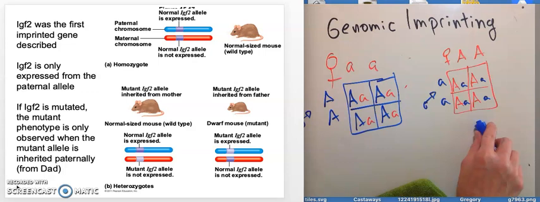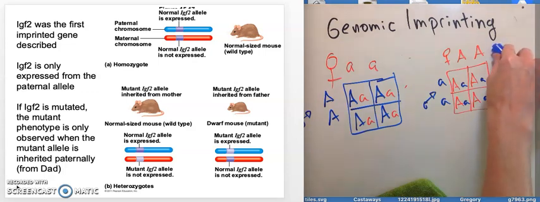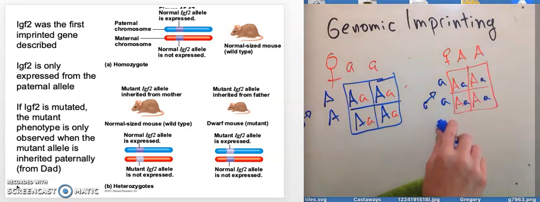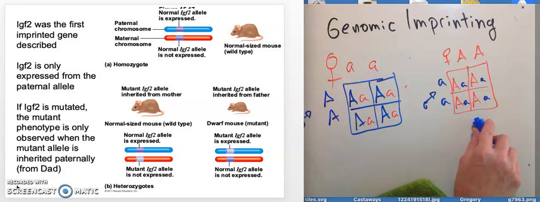But what they noticed is that if mom was homozygous dominant and dad was homozygous recessive, all the offspring were heterozygous, yet even though they were heterozygous, they were tiny. They had the growth factor mutation phenotype, even though they were heterozygous. What they were able to figure out is that the IGF-2 locus is maternally imprinted.